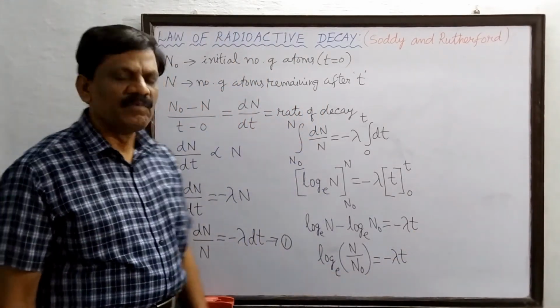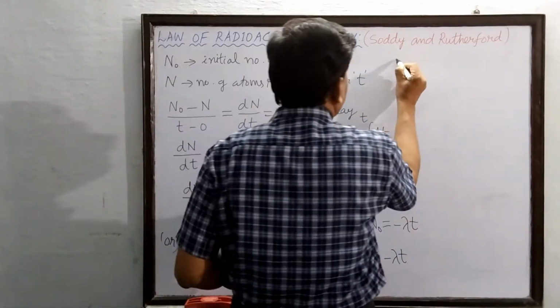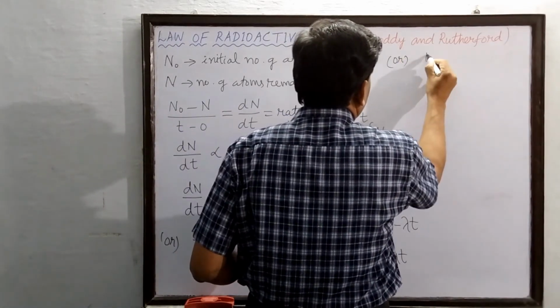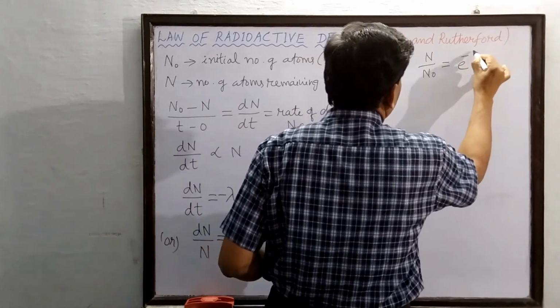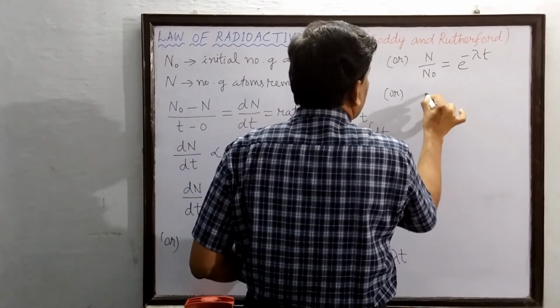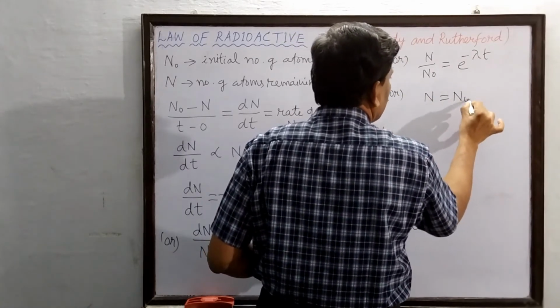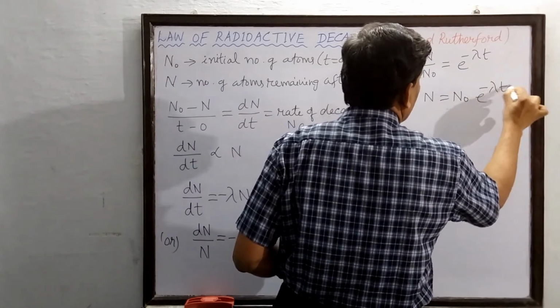After this I am going to take the exponential of this equation. So I can write n by n0 is equal to e to the power of minus lambda t. So n is equal to n0 into e to the power of minus lambda into t.